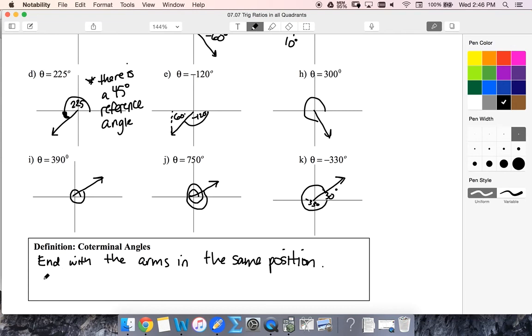So we could say that 30, 390, 750, and negative 330 are all coterminal. Each of these, I could say has a reference angle of 30 as well, but 30 and 390 are coterminal angles. They end in the same position.